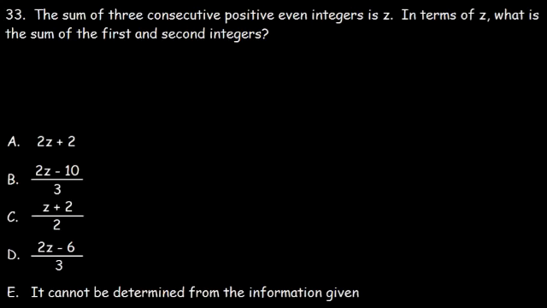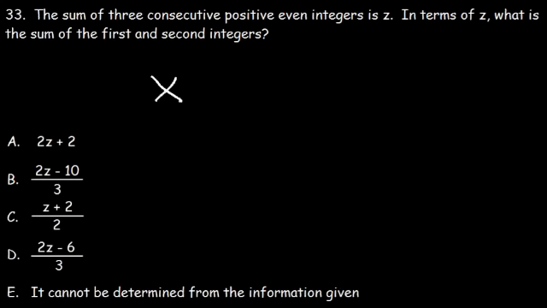So then, the sum of 3 consecutive positive even integers is z. In terms of z, how can we find the sum of the first and second integers? Feel free to pause the video and try this yourself. So let's say that the first integer is x.